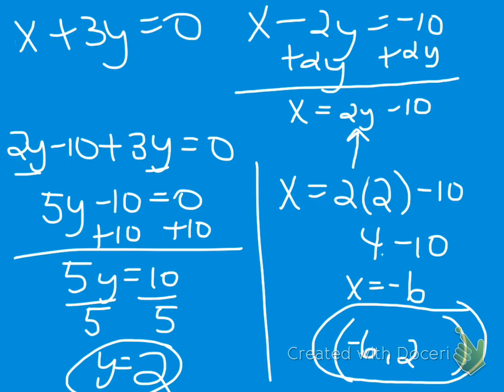Because the y had what we call a coefficient, or a number in front of it. It was easier to just move one of them over and not have to divide. If we had to divide here, we would have gotten a fraction, and that would have been ugly. Let's do another one.